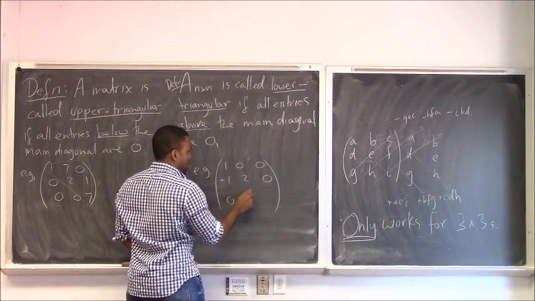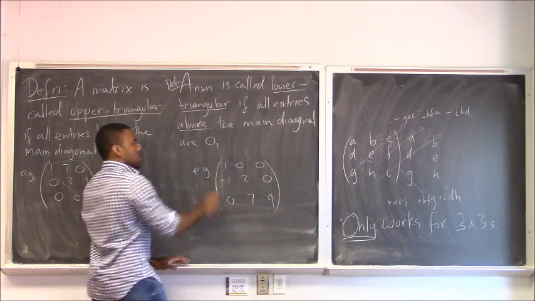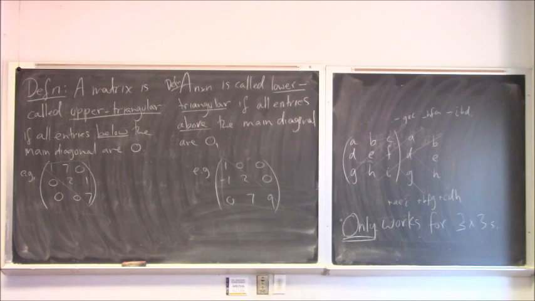That's a lower triangular matrix. Any non-zero numbers that show up will show up in the lower triangular portion of the matrix.